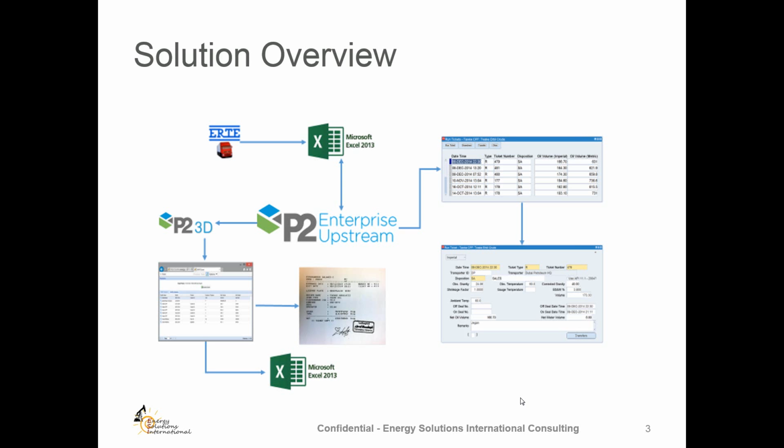So we'll talk about the main components of the solution. There's really three components that make this up. The first is automating the collection of data from the ERTE system or Weighbridge and bringing that directly into Enterprise Upstream. So we've proposed a gateway using Microsoft Excel to automate pulling the data from the terminal and posting it into Oracle.